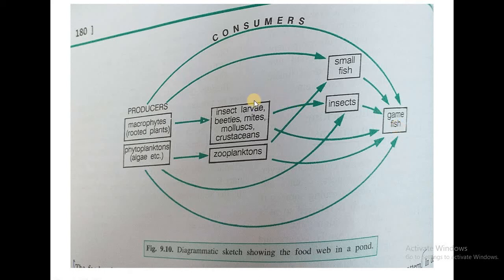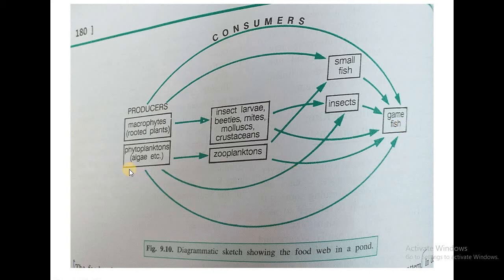If the food is not available in the ecosystem, obviously this chain has to change. The phytoplanktons or macrophytes are eaten by the small organisms in the ecosystem, that is zooplankton, and this zooplankton is in turn eaten by the game fish.